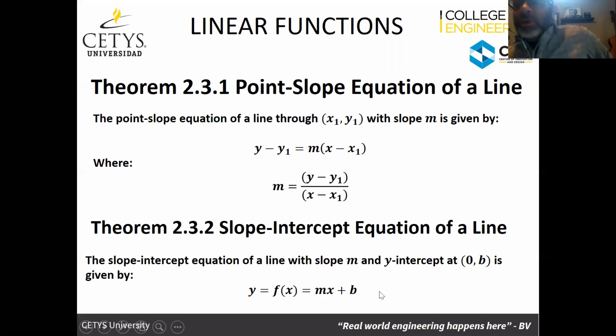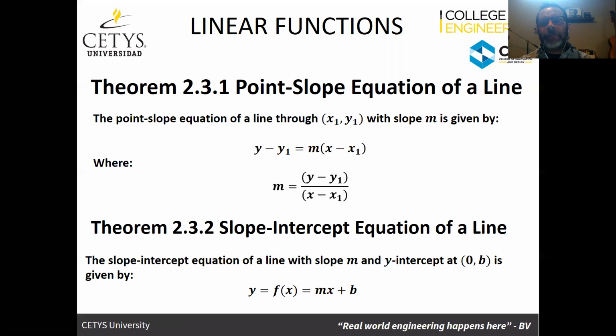So whenever we define a line function, we only need two data points. We can have two coordinates, or the slope and a coordinate, and in some cases that coordinate can be the one where the line crosses the y-axis. We can represent it any of these ways.